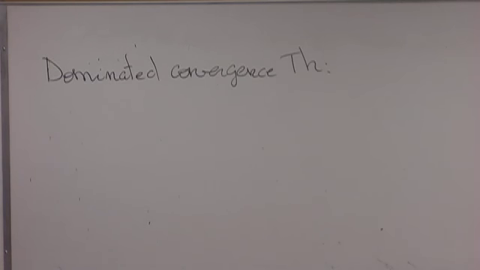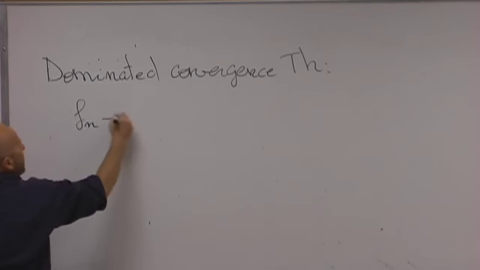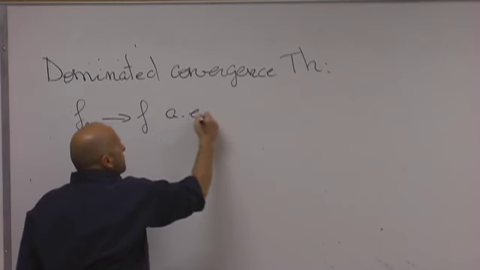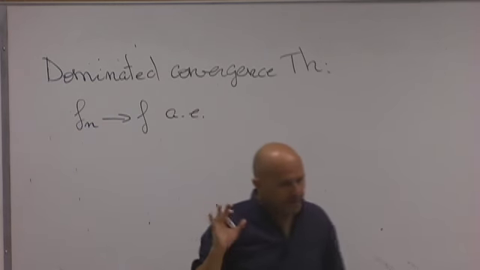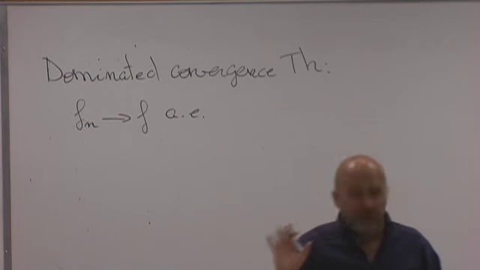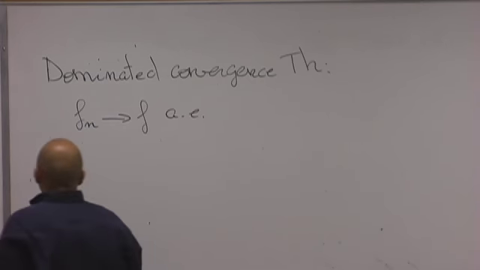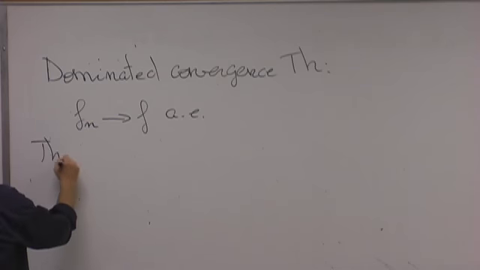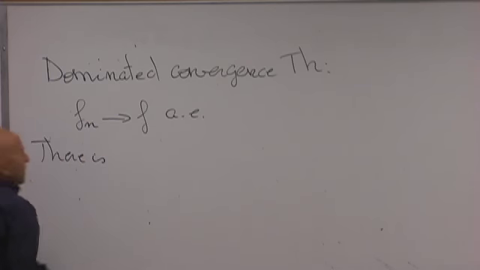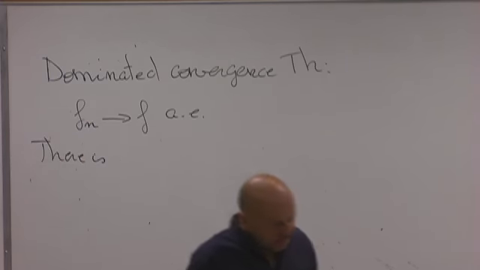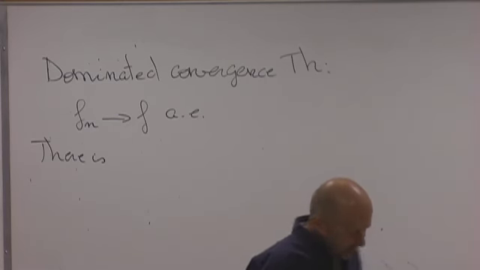So we have the following. Fn converges to f almost everywhere. And we're not assuming any increasing or anything like that, any monotonicity. Second hypothesis, there is, so what do I want here? My Fn must be in L1, right?